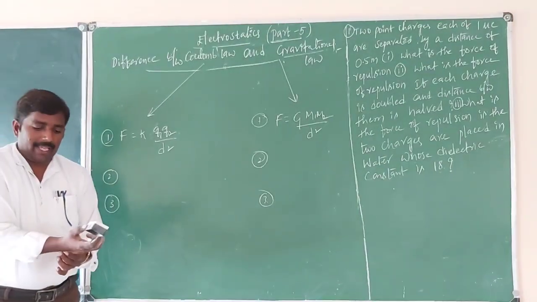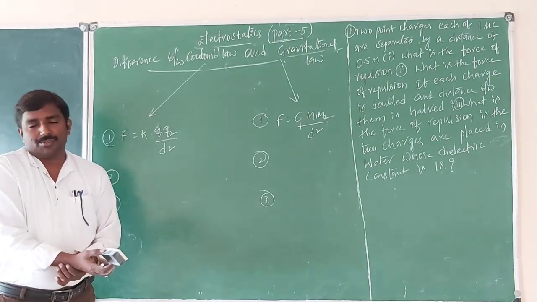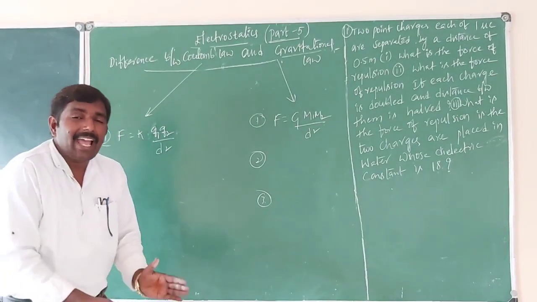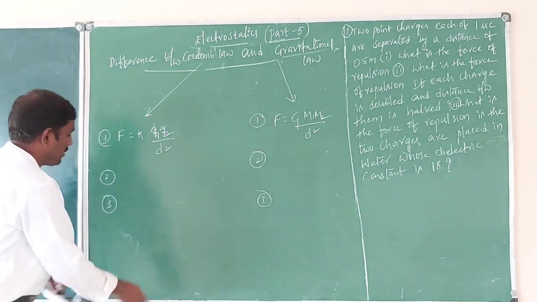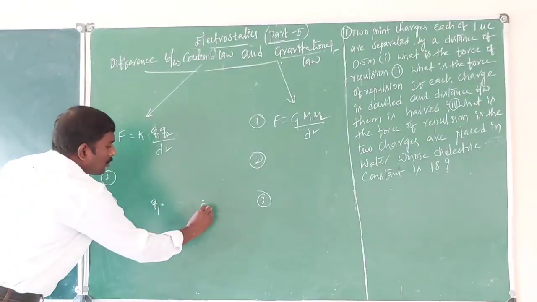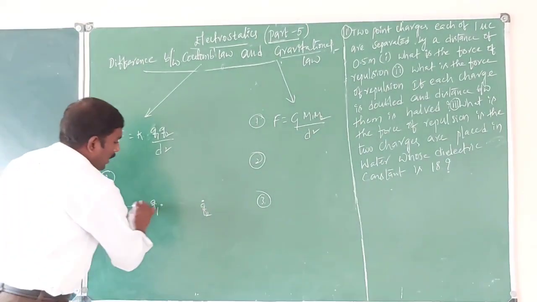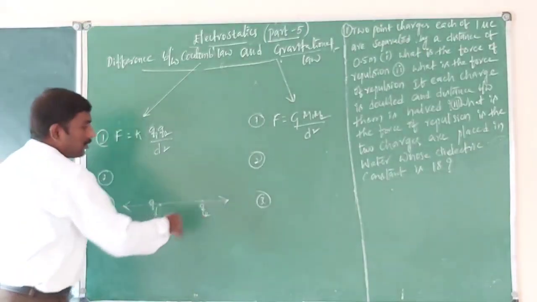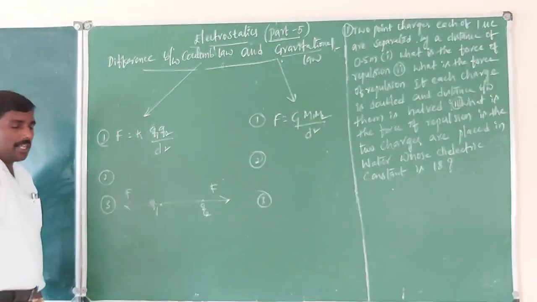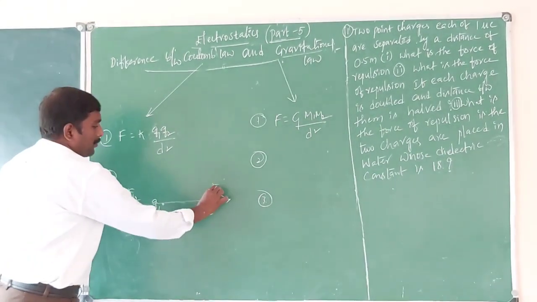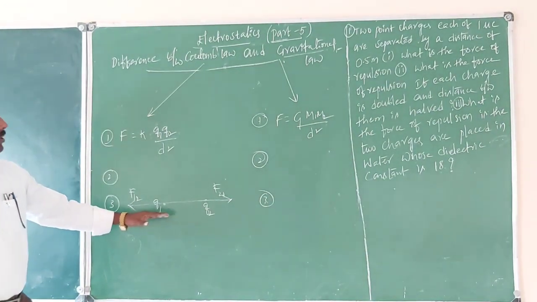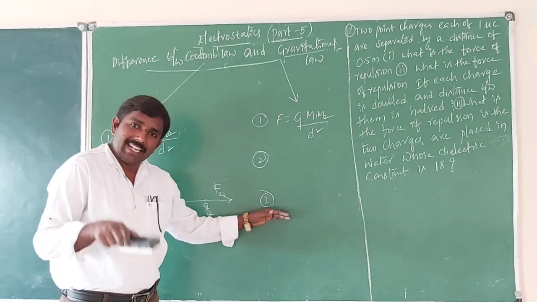Coulomb force is a central force. That means it acts along the line joining the two charges. Suppose this is the charge Q1, this is the charge Q2. It acts along the line joining the two charges. Gravitational force is also a central force.